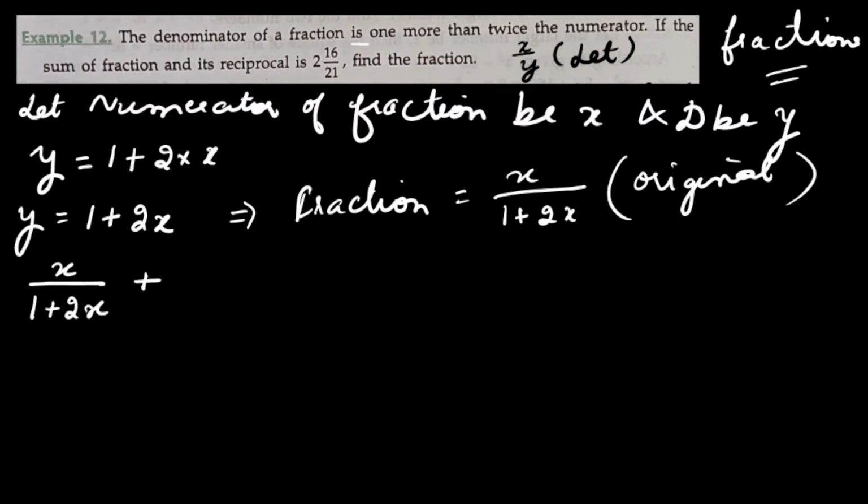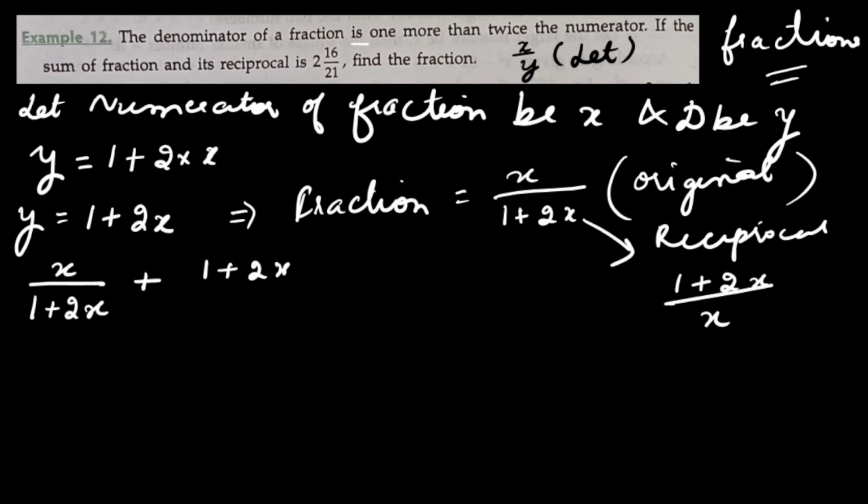Reciprocal means interchanging the numerator and denominator. So its reciprocal will become 1 plus 2x by x. So I have to add the fraction and its reciprocal: x by 1 plus 2x plus 1 plus 2x by x.